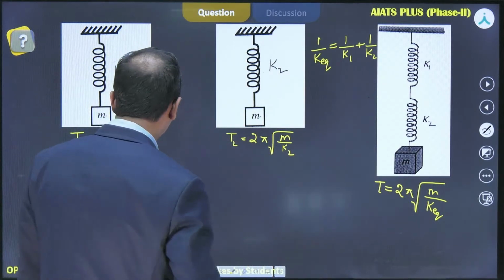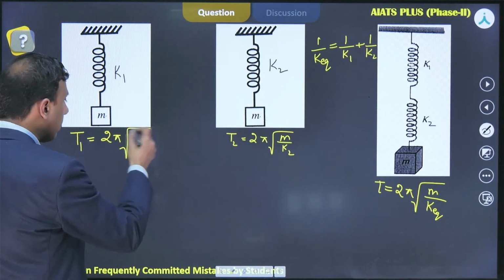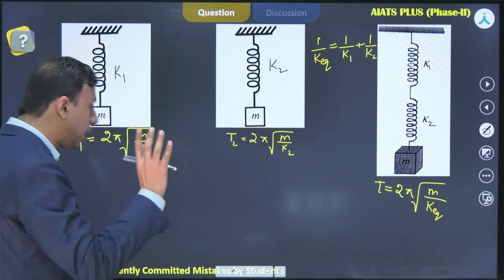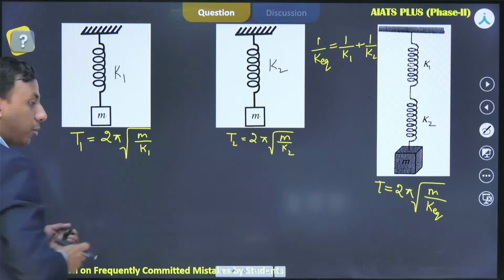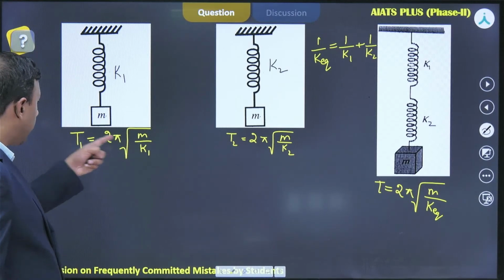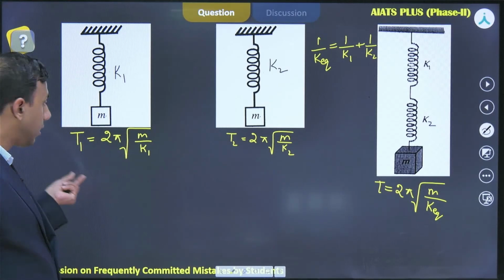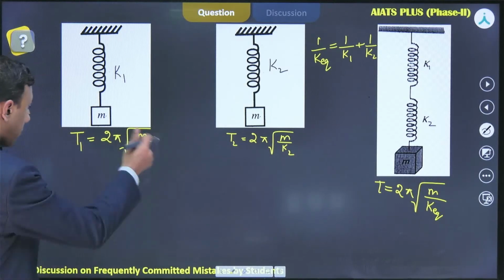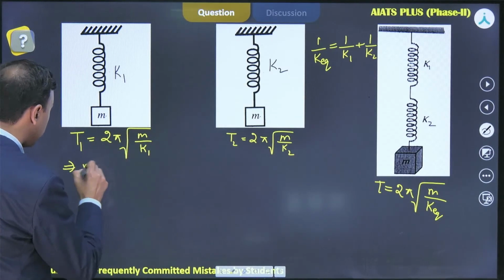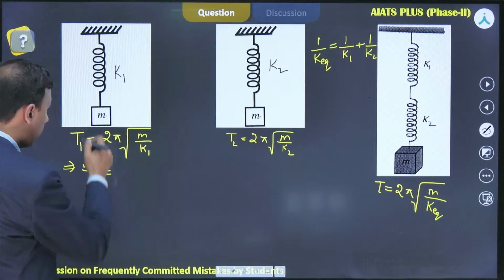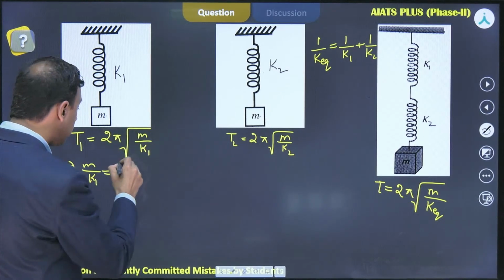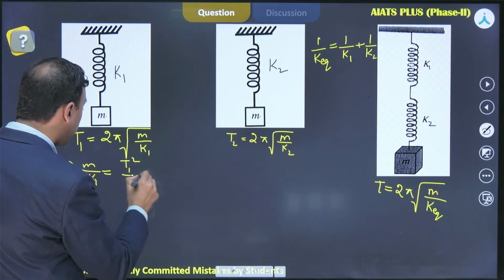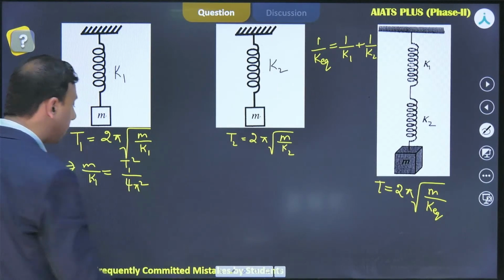Now what you can do, see from here, let's find the values of m by k1, only m by k1, right? So we can square both sides, right? t1 by 2 pi, bring it over here, then square both sides. So you will get m by k1, right? So m by k1 would be how much? t1 by 2 pi whole square, right? So T1 square by 4 pi square.